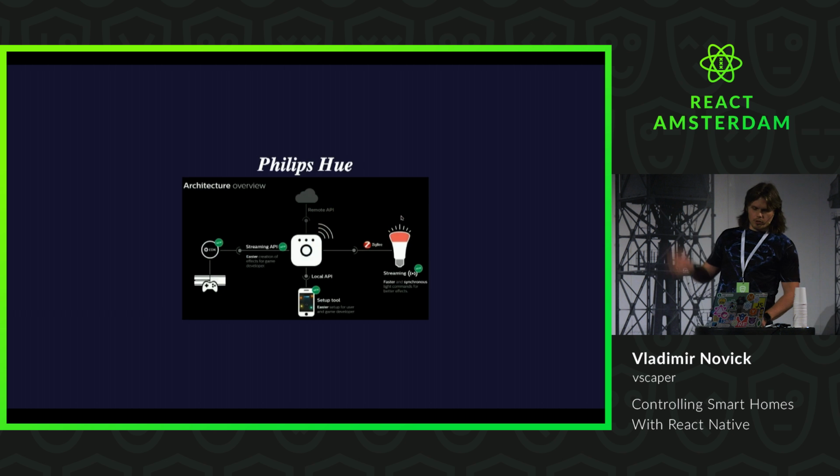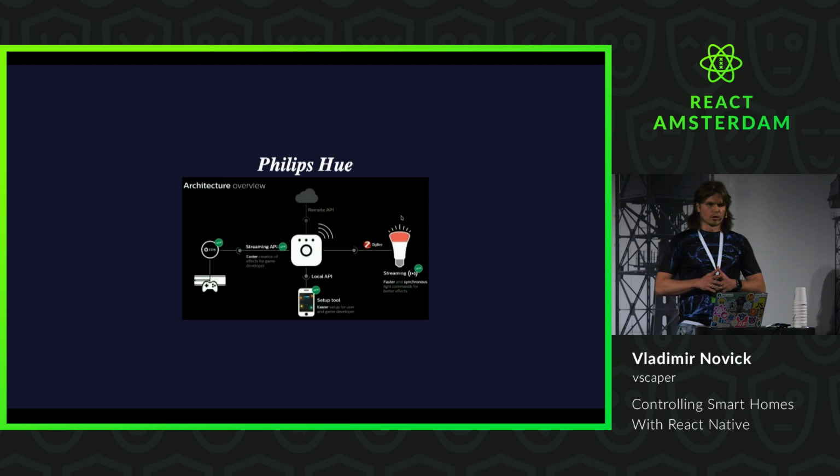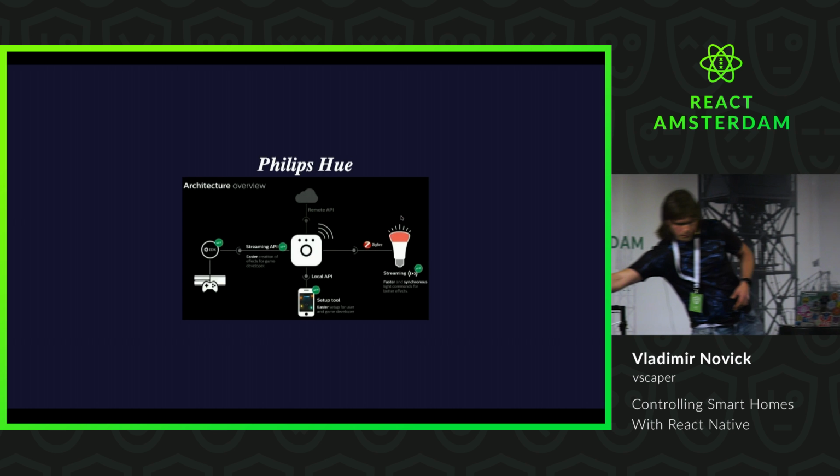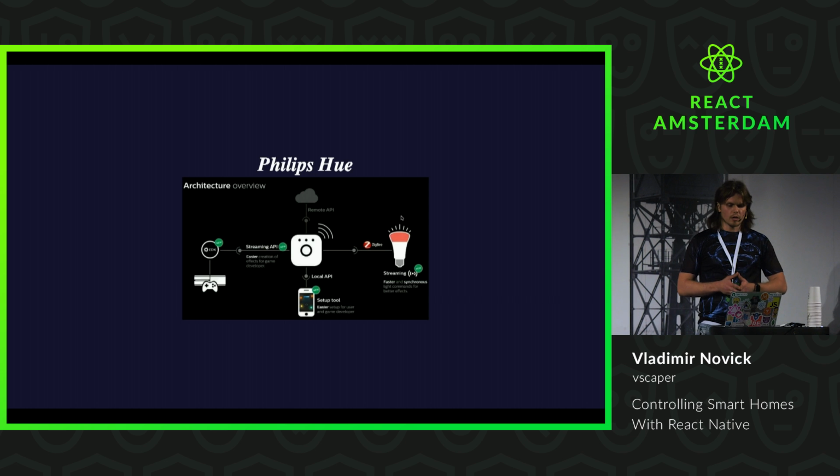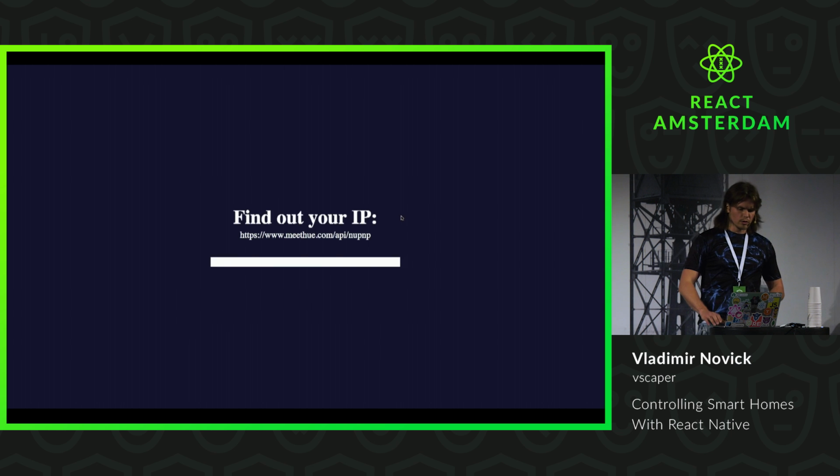So if we look at Hue's API in general, it works like that. It has a bridge. It's this kind of device, which connects to the internet, and it uses the Zigbee protocol to connect to the actual light bulbs. Above that, it has a remote API. The API is pretty solid.